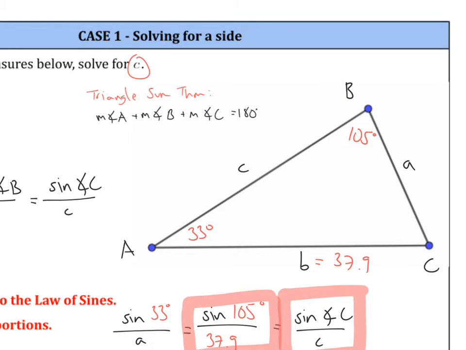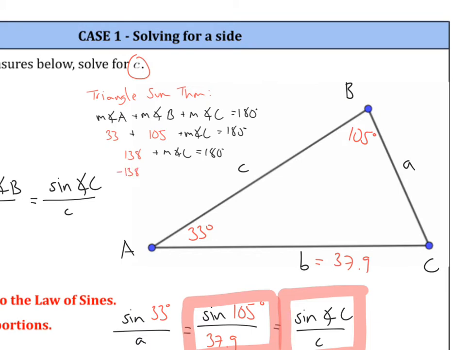So substituting our values in, the measure of angle A is 33 degrees, plus the measure of angle B, which is 105 degrees, plus the measure of angle C, which is what we want, and this is all equal to 180 degrees. Finishing this up, we have 138 plus the measure of angle C is equal to 180 degrees.